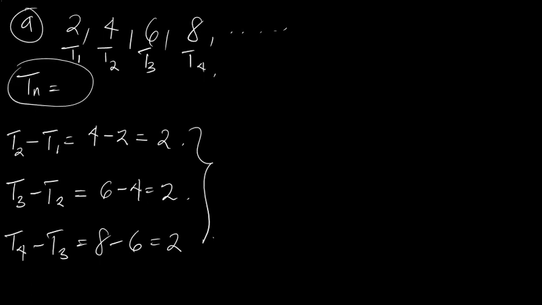Since they have a common difference, and the common difference is equal to 2, the first term A is equal to 2, which is the same thing as T subscript 1. That is the first term.